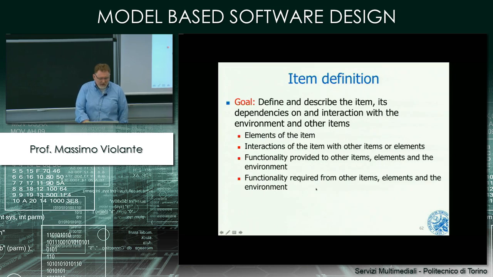Then we have to understand which are the functionalities that we are requiring from other items. ABS contains sensors for reading the speed of the wheels. Then it must receive from a suitable network, the CAN network of the vehicle, the speed of the vehicle.